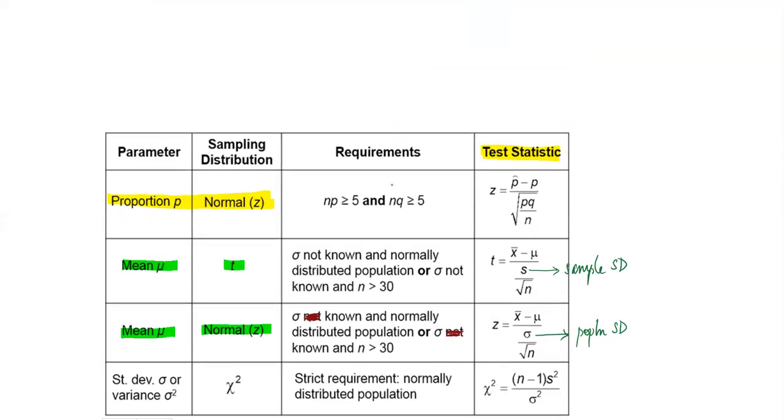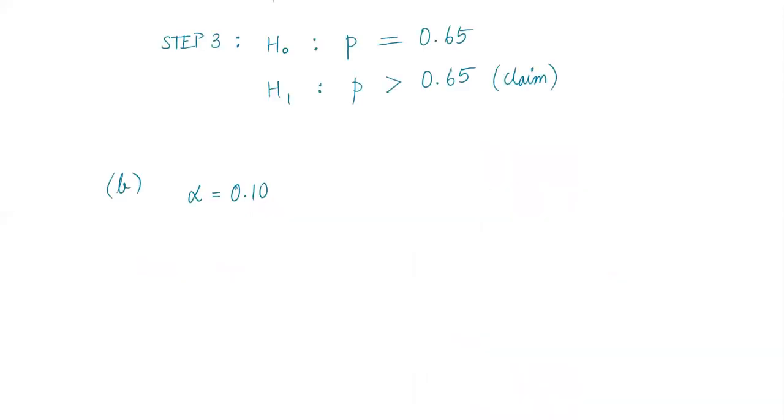So we need to check the requirements, and once the requirements are satisfied, we go ahead and do the test statistic. So let's come back here. I'll say check requirements. NP must be greater than or equal to 5, and NQ must be greater than or equal to 5.